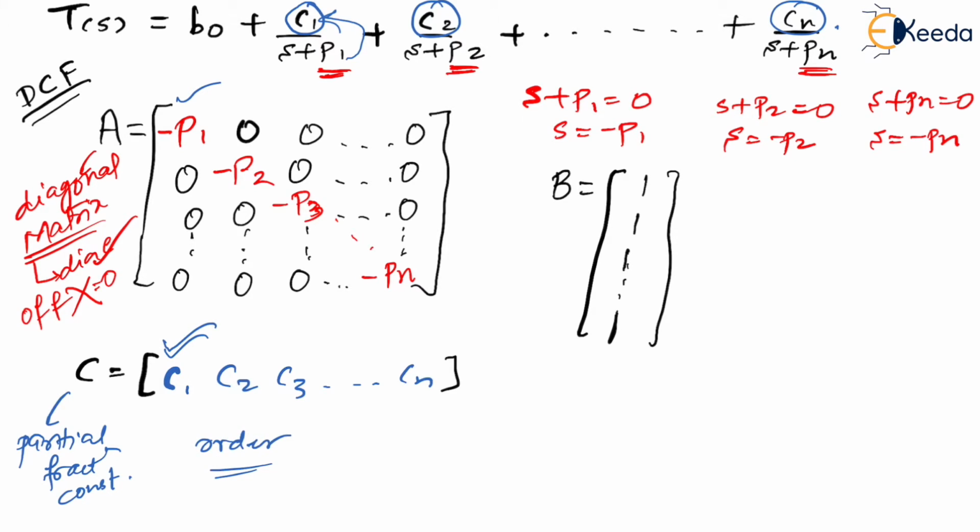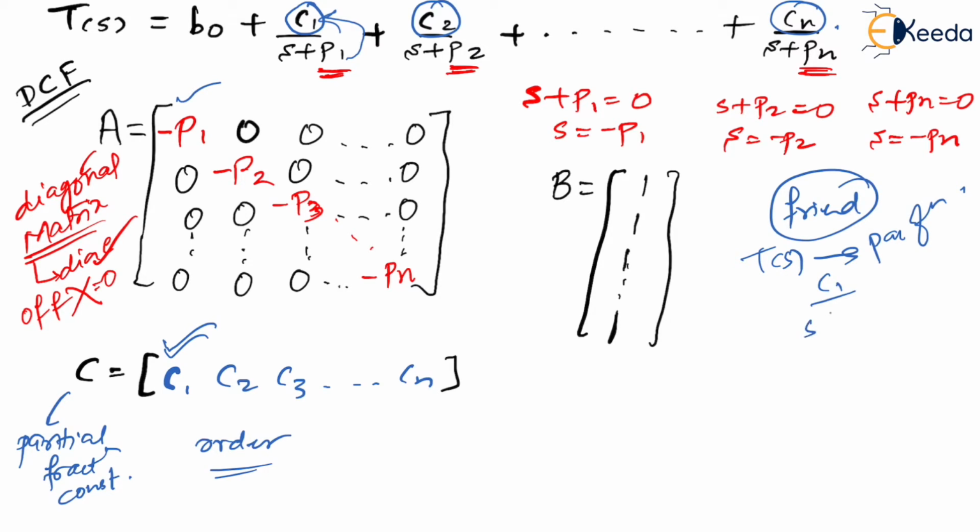Now you may ask me, sir, why? Because for example, you have a friend. You are trying to solve a particular transfer function, you try to find this partial fraction form. You may take c1 upon s plus p1 first, and c2 upon s plus p2 next.